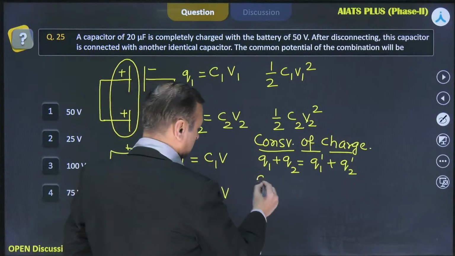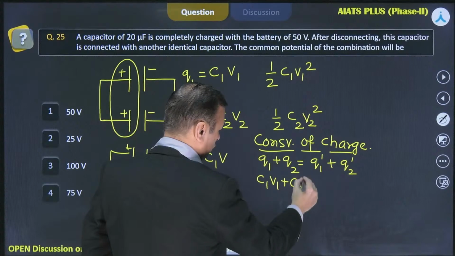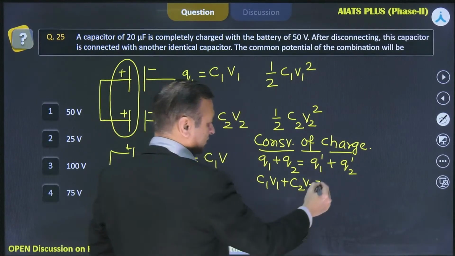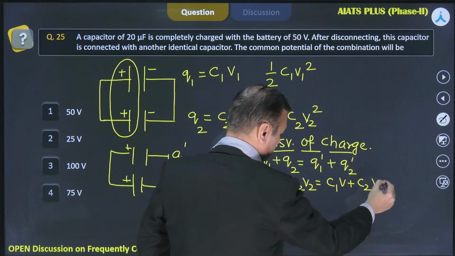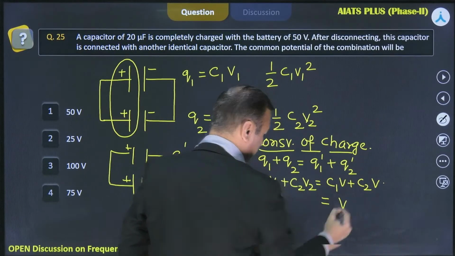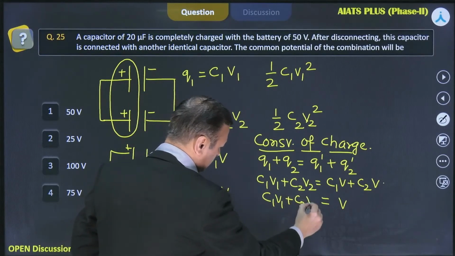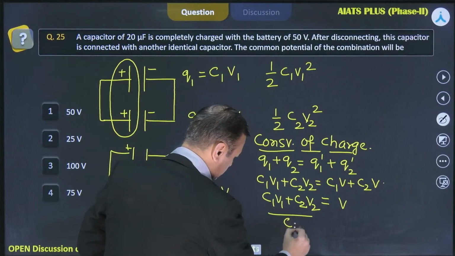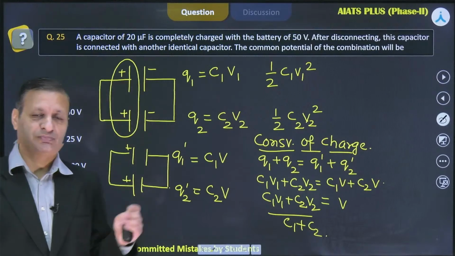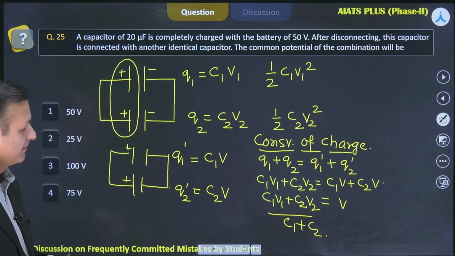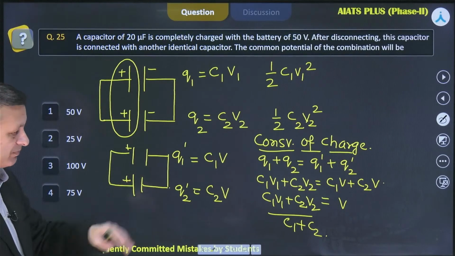So here we are writing C1 V1, this is C2 V2, and this is C1 V plus C2 V. Here we'll keep V common, so this becomes C1 V1 plus C2 V2 by C1 plus C2, and that gives you the expression for the common potential. I hope this is something interesting, we have got it.